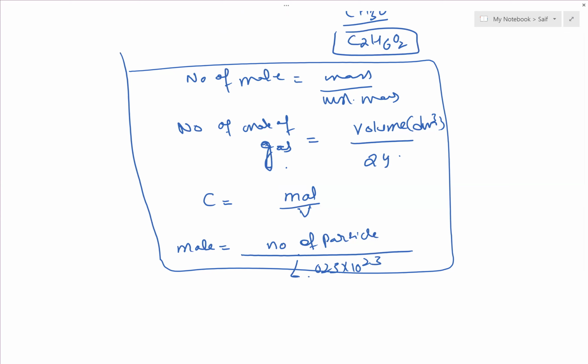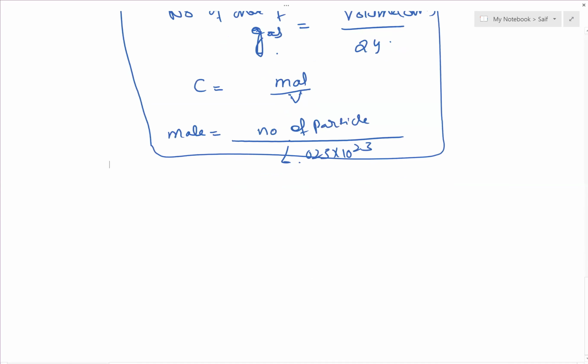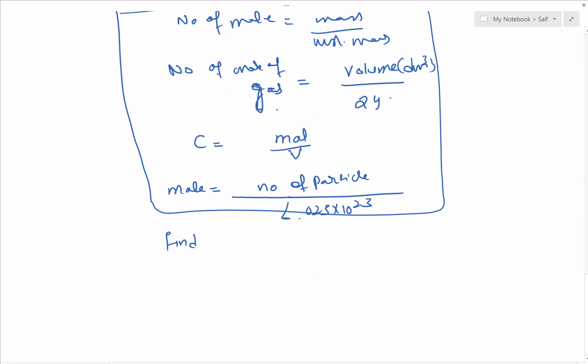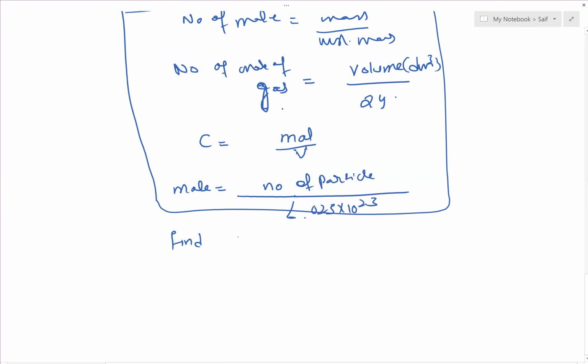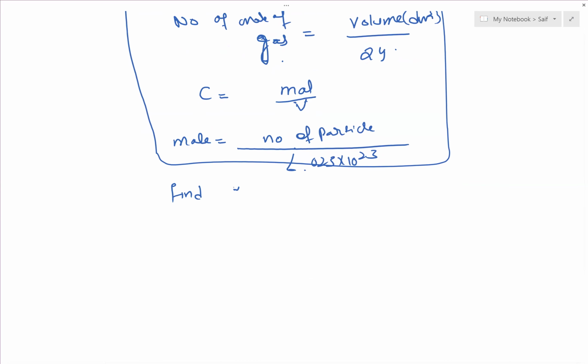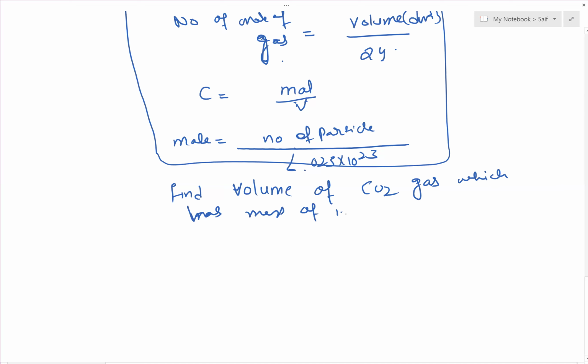Let's suppose I'm writing one question over here. Let us do that. Find volume of CO2 gas which has mass of 1.2 grams.